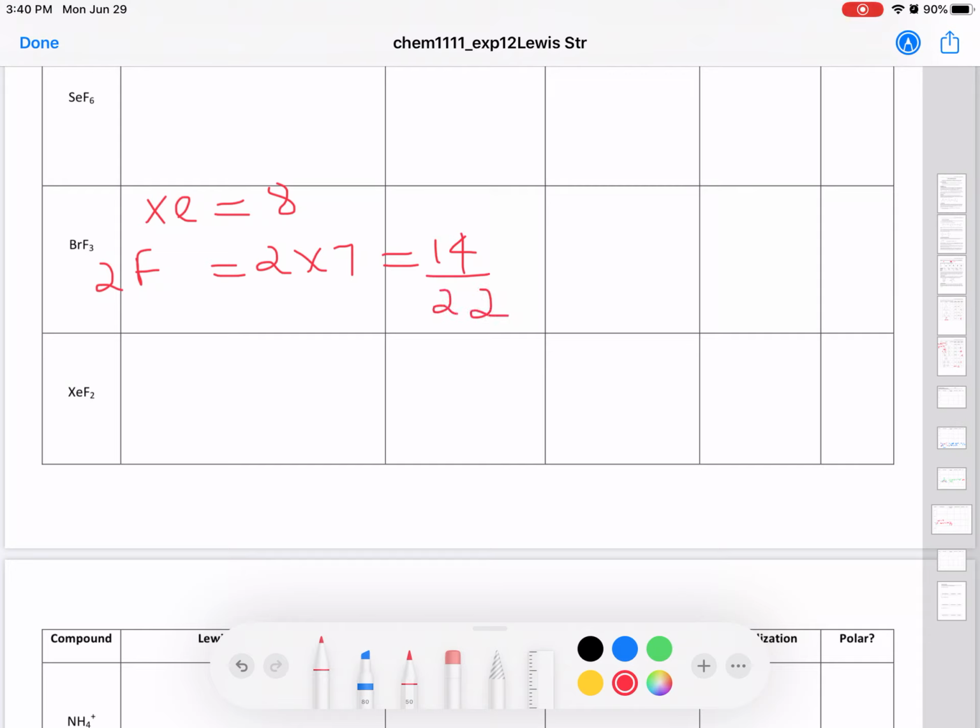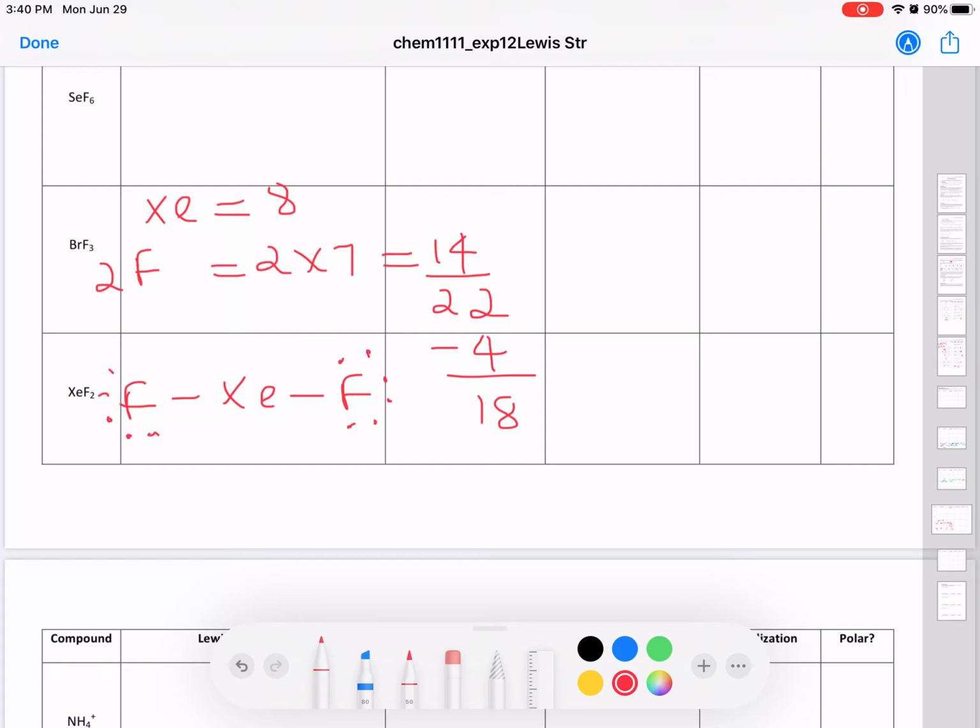So there are 22 valence electrons. Okay, so who is going to be in the center? Xe and F, and then you use 2 bonds, so 4 electrons used for the bonds, and how many more left? 18 electrons left. So the 18 electrons are distributed among fluorine first to give them 8 electrons.